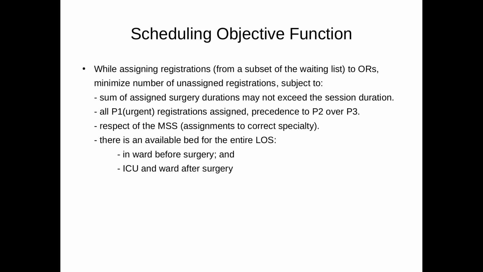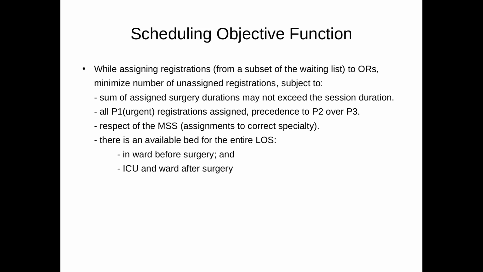So we have to assign only those surgery durations which are within the shift duration. All P1 registrations must be assigned first, then P2 and P3, because P1s are priority patients, so we are interested in all P1s being assigned. And then there is a minimization for P2s over P3s.